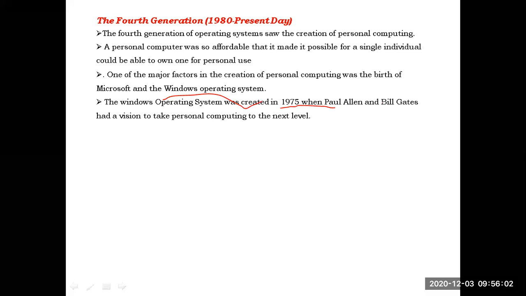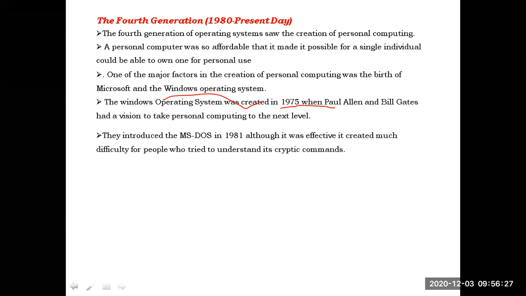Bill Gates is one of the co-founders of Microsoft. These two people developed this Windows operating system in 1975. With the development of the Windows operating system, the use of personal computers very much increased.